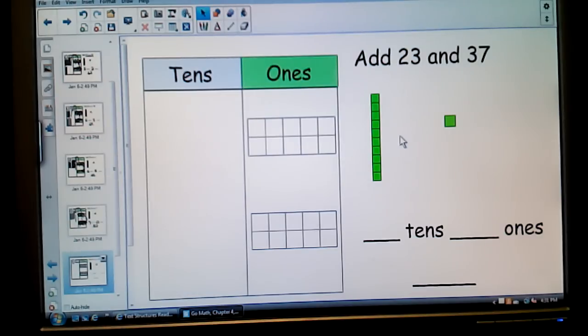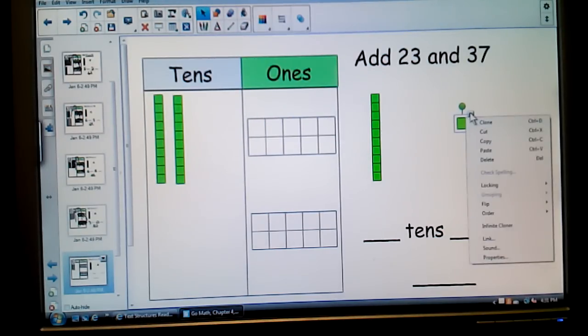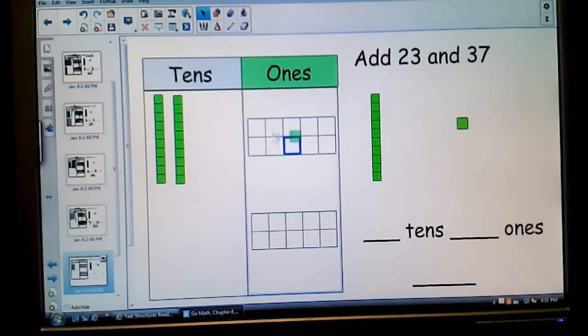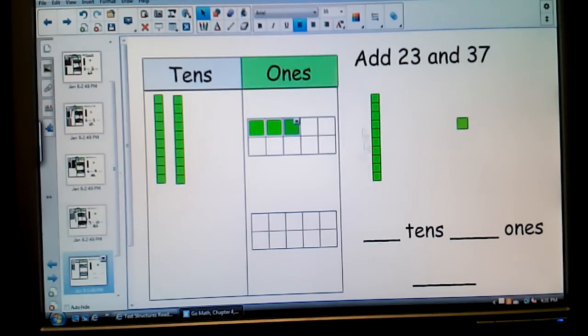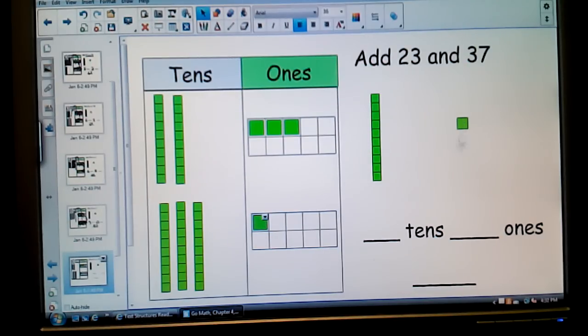It's a good review for base 10 blocks in general. 23 I'm going to make into base 10 blocks. 10, 20, 21, 22, 23, and 37 down the bottom. 10, 20, 30, 31, 32, 33, 34, 35, 36, and 37.